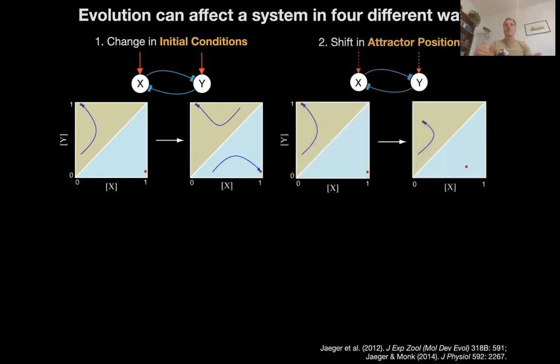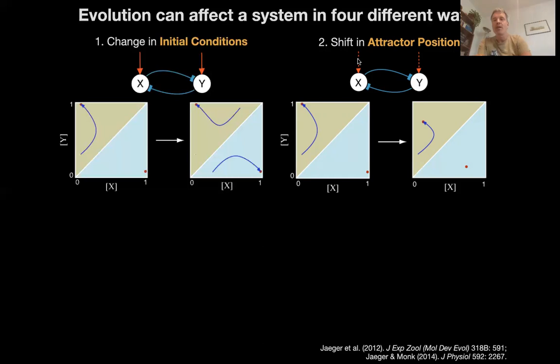So there's one possibility here. The second possibility happens, for example, if you change the strength of the boundary conditions, the activating input. If you make that activating input weaker, you will end up with less of each protein, less giant, less Krupel.